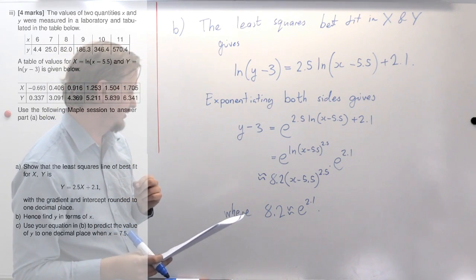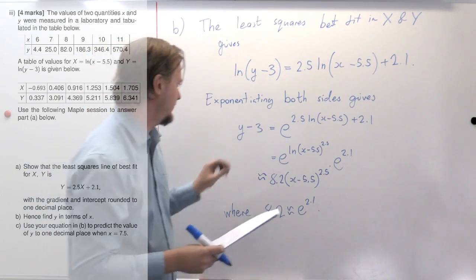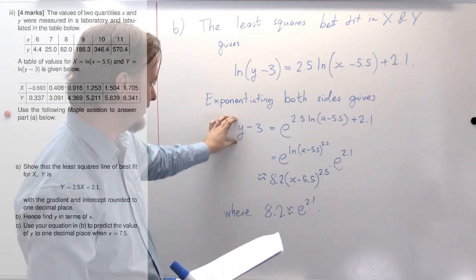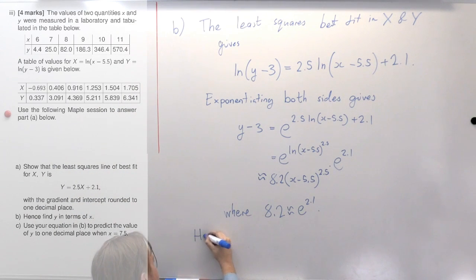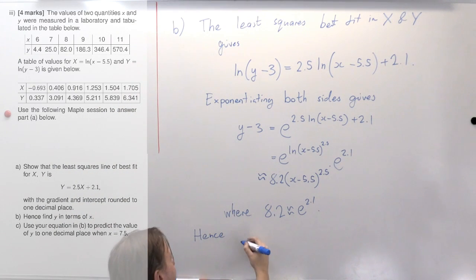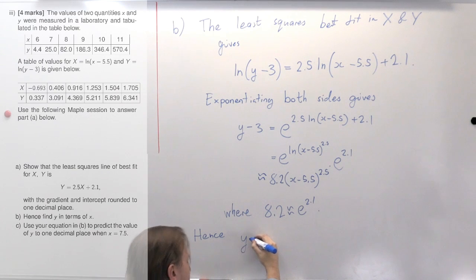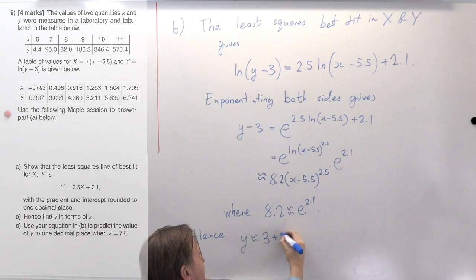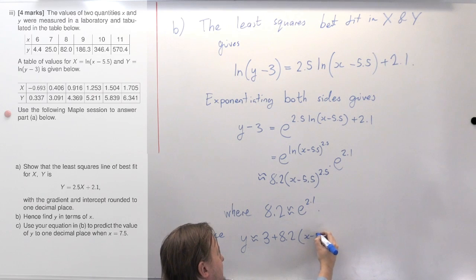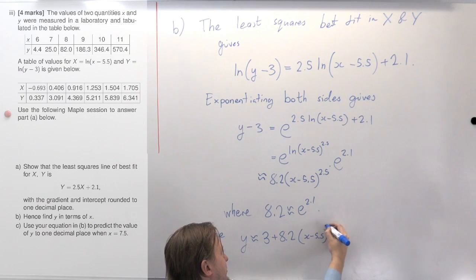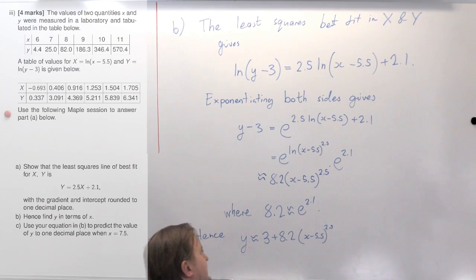All right. So that's not quite the full answer, because this is y minus 3 is approximately that. But let's just rearrange that so we get, hence, y is approximately 3 plus 8.2 times x minus 5.5 to the 2.5.